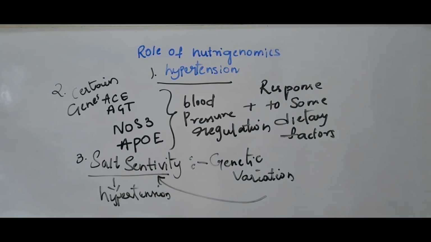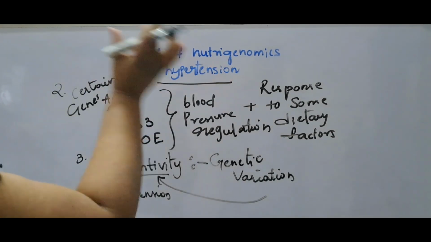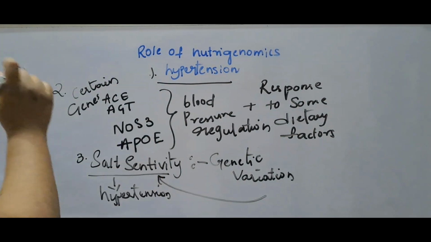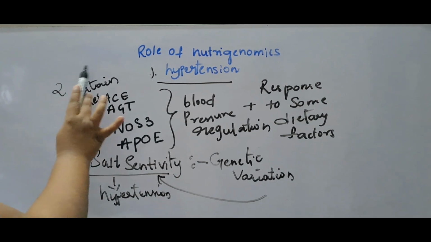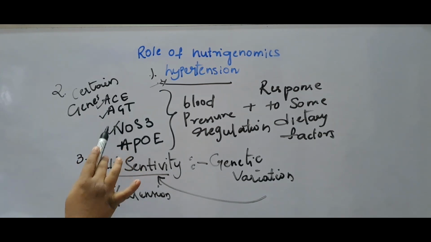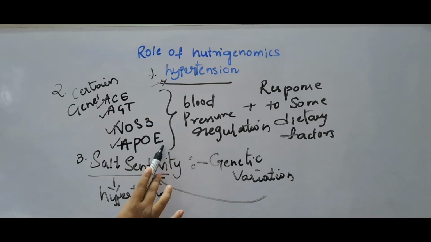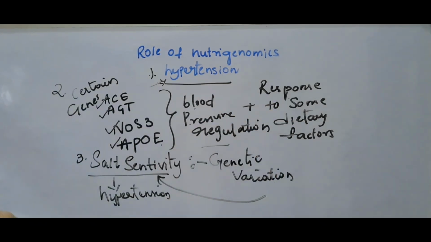So I'll write here. Once again, the first point is we need to write about hypertension, what hypertension is. The second thing is the genetics influencing hypertension, that is ACE, AGT, NOS3, APO, which are mainly useful for the regulation of blood pressure and also respond to some dietary factors.